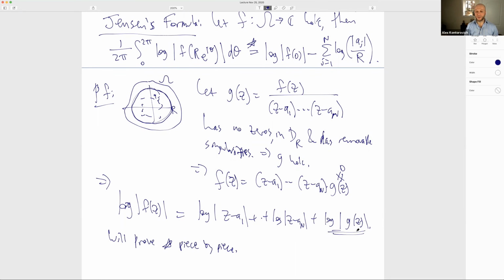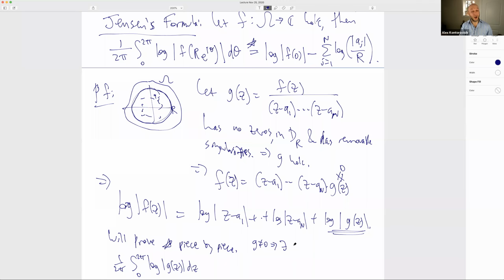Okay, so let's look at this part. Let's look at log of g of z. What do I know about 1 over 2 pi, integral 0 to 2 pi, of log of g of z dz? So g doesn't vanish. g is not 0.